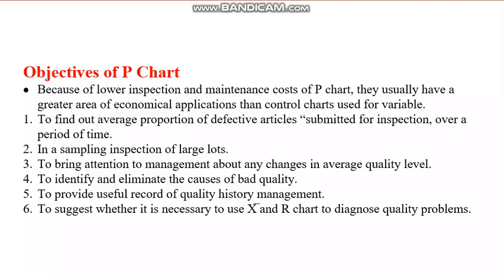Then to identify and eliminate causes of bad quality. Now all these control charts we are doing for that only, to identify the causes and to eliminate them, and to provide a useful record of quality history to management, and finally to suggest whether it is necessary to use X bar R charts to diagnose quality problems.